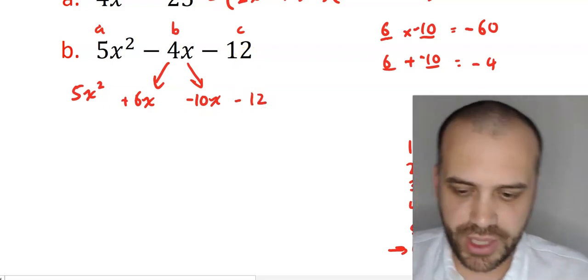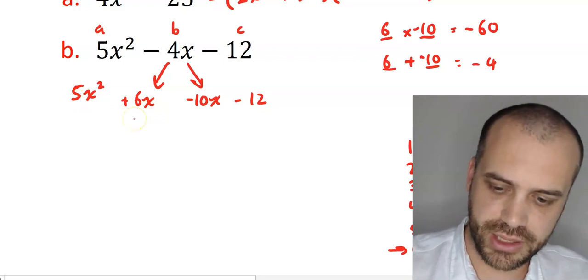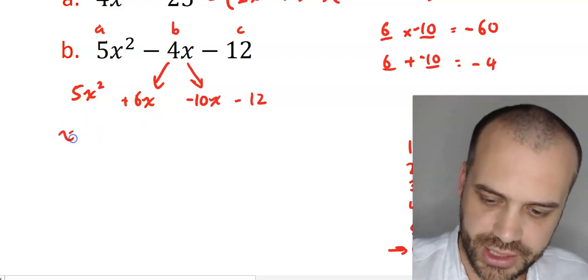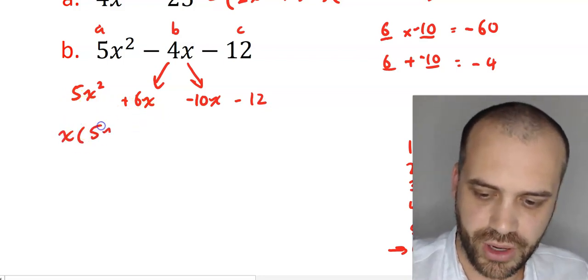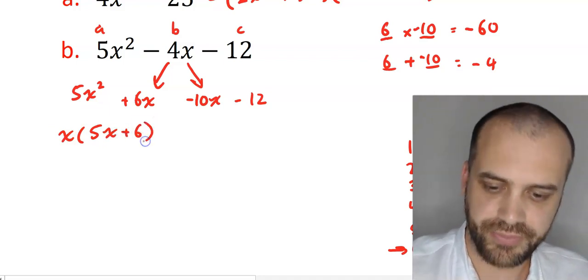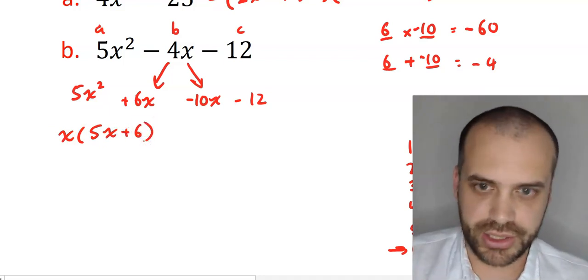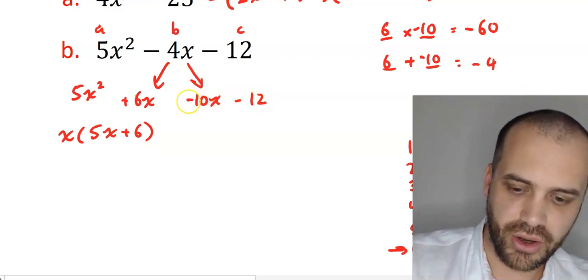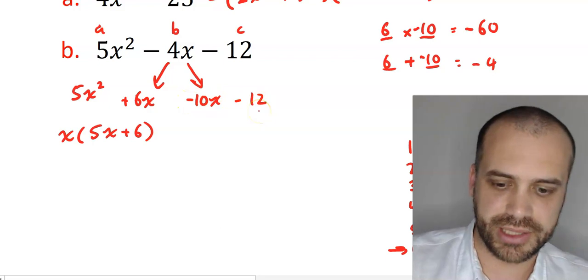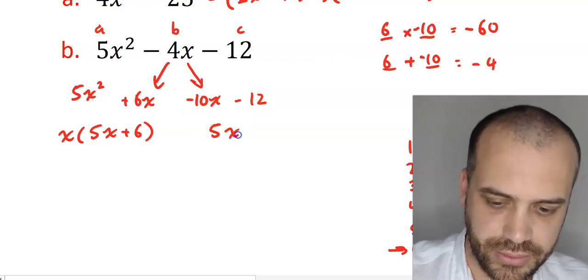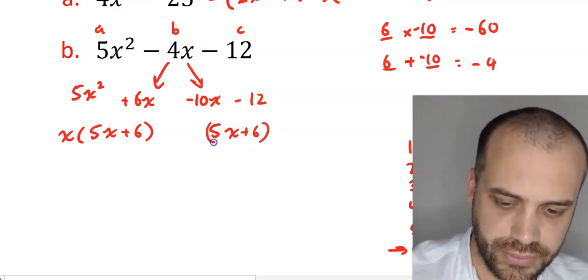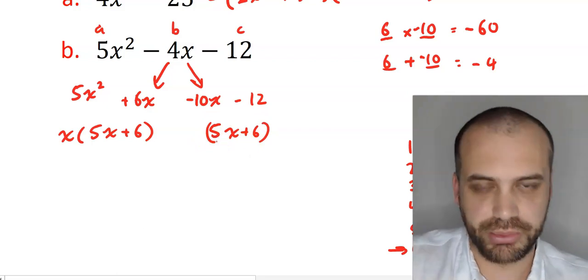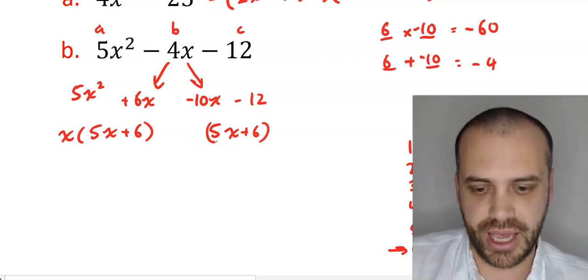Okay, after that I factorize my first terms here, so common factor here of x, 5x plus 6. Now if I've done this all correctly so far, I should be able to take 5x plus 6 out of these two as well.